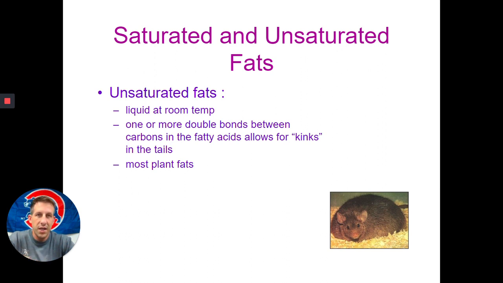Our body can break down double bonds much more easily than a bunch of single bonds. Double bonds are more reactive, so they will more readily break down in your body when needed.